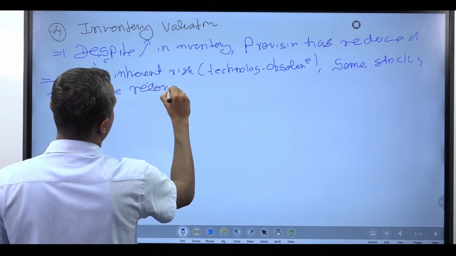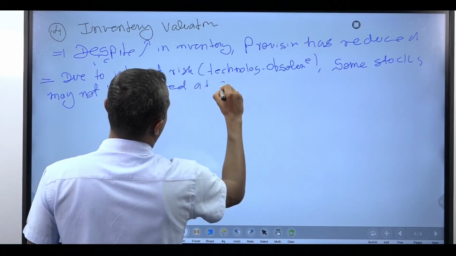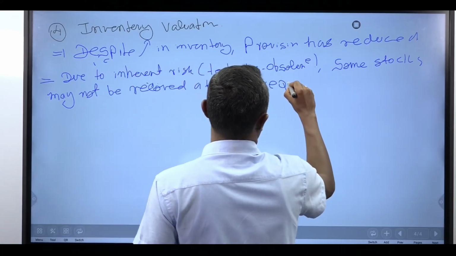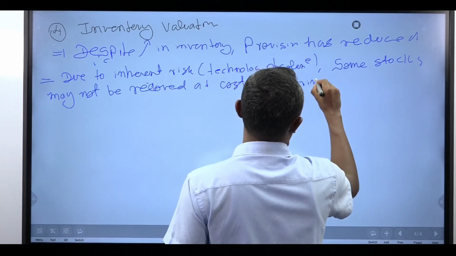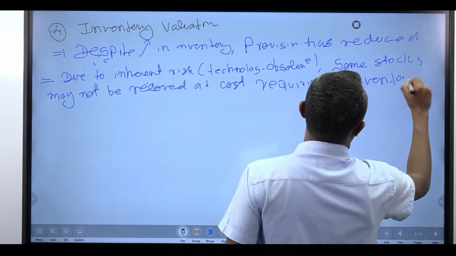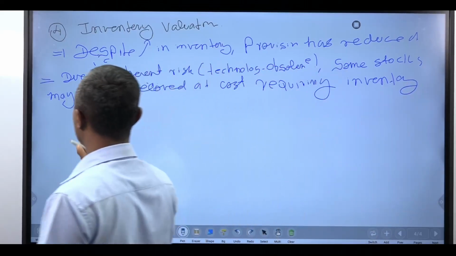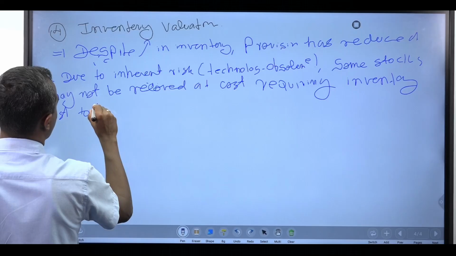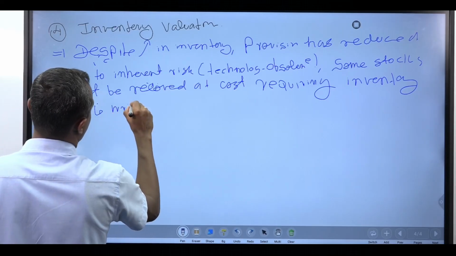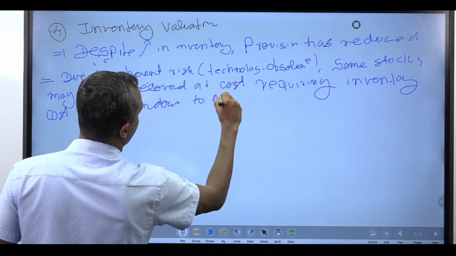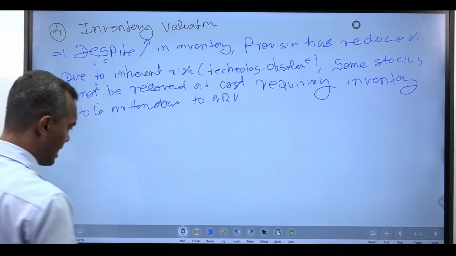Recovered means sold, requiring inventory to be written down, no? Requiring the cost of inventory to be written down to NRV. So as a result, inventory may be overstated.